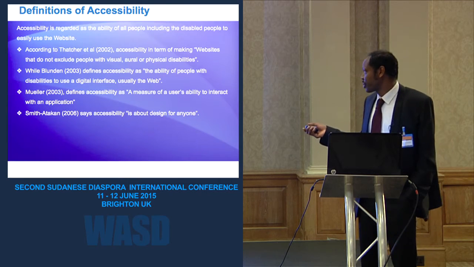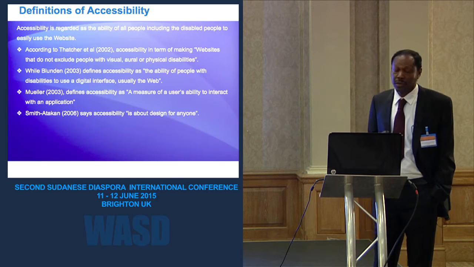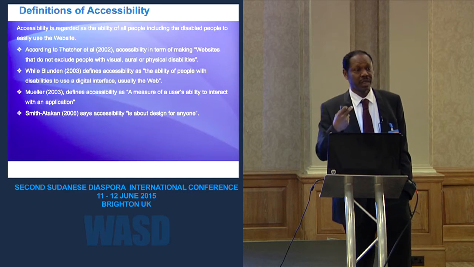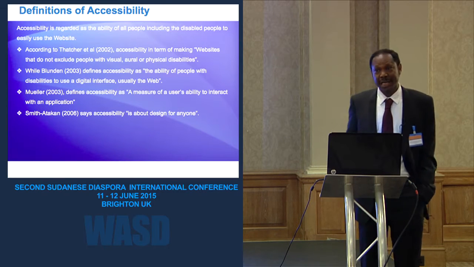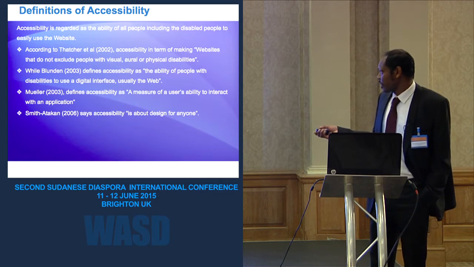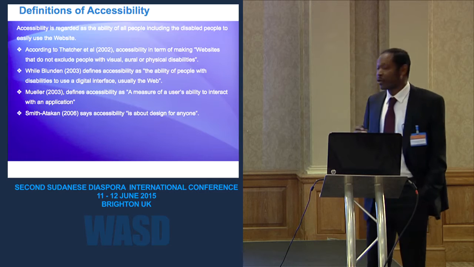Manner defines accessibility as a measure of the user's ability to interact with a website. So that means when the user interacts with a website, it must be accessible. Smith says accessibility is about design for anyone.